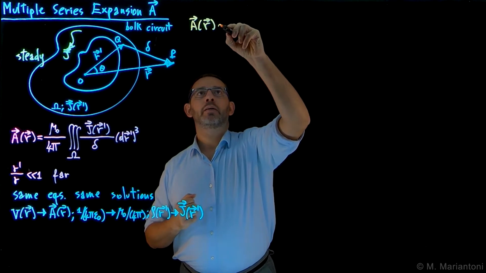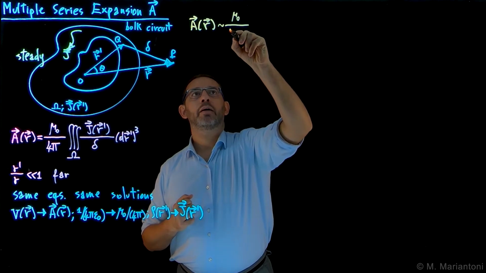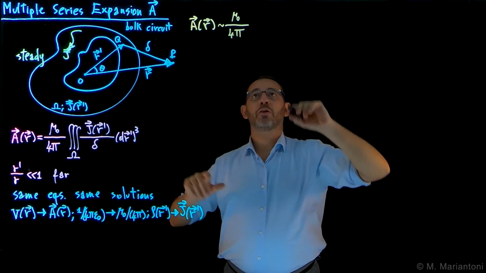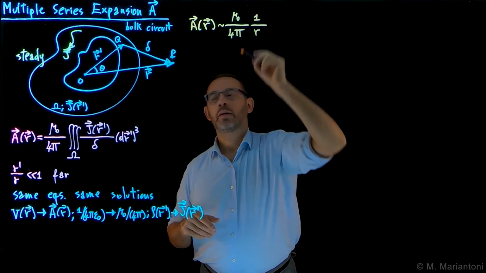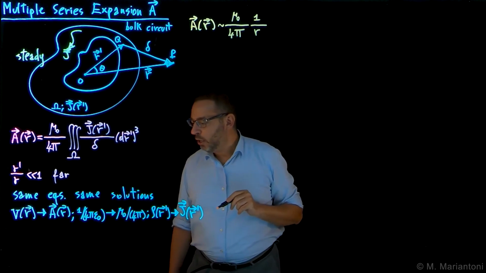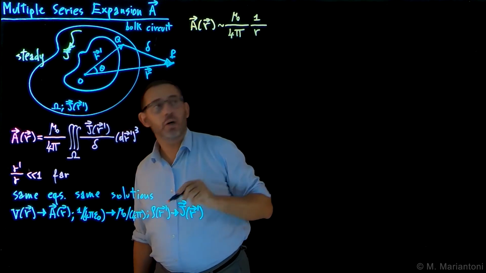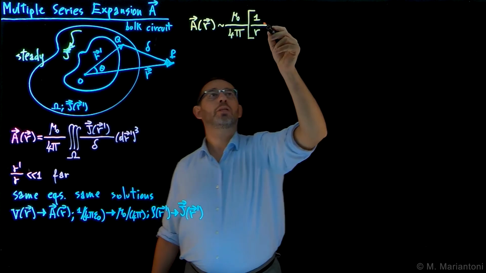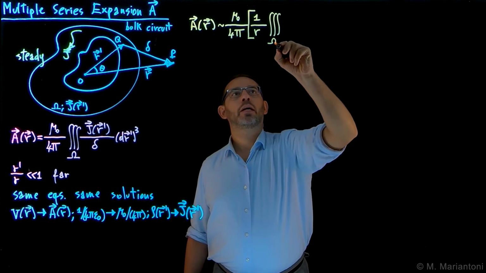So approximately, 1 over 4 pi epsilon naught becomes mu naught over 4 pi, as we know. As always, we can factor out something which we don't integrate, which is 1 over r. So mu naught over 4 pi multiplies 1 over r, volume integral, this is the monopole term, on capital omega.